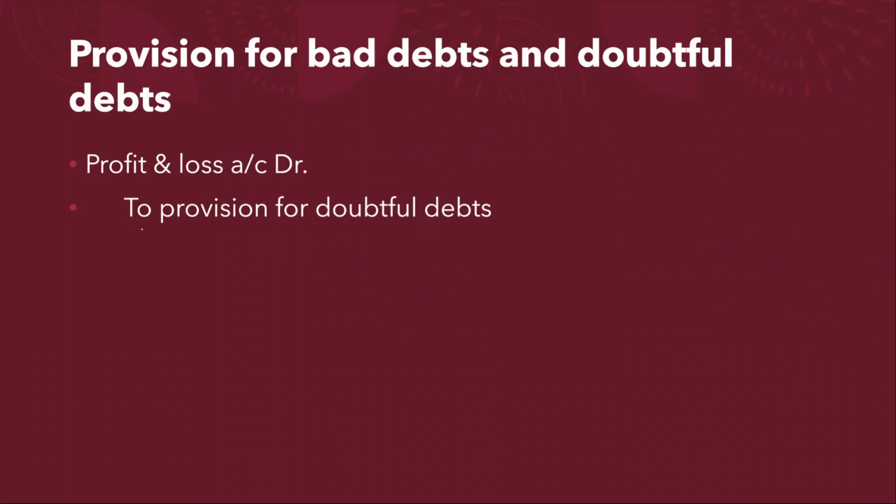Now provision for bad debt. So it is the same way. The entry will be profit and loss account debited to your provision for doubtful debt. So here in profit and loss account, it will be shown as provision for doubtful debt, and here you will write the amount.